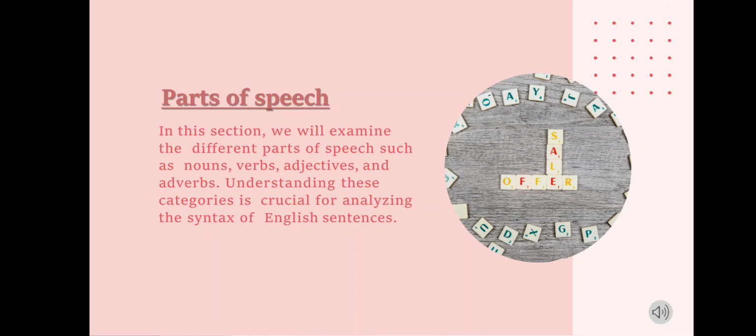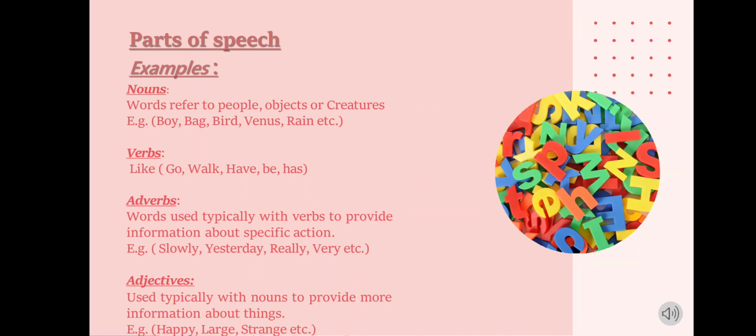Just like each player has a specific role in a sports team, each word in a sentence has a specific job. These roles are defined by parts of speech, which categorize words based on their function. For example, nouns name people, places, things, or ideas.